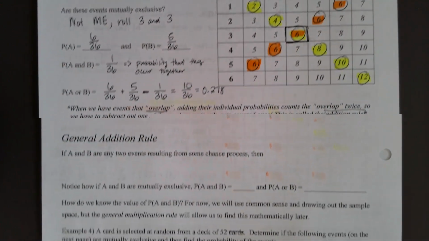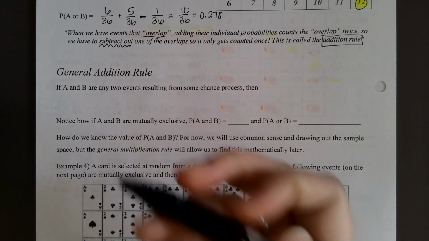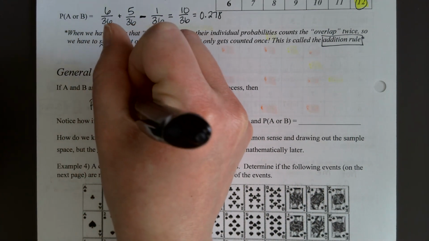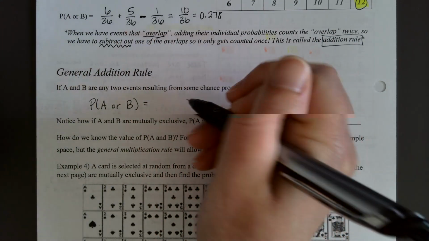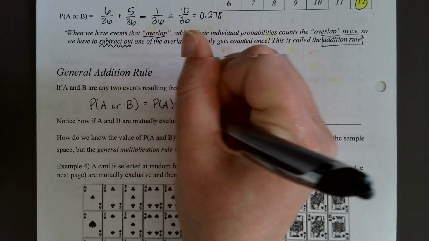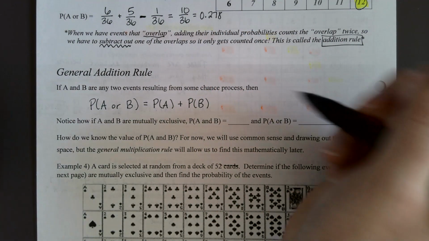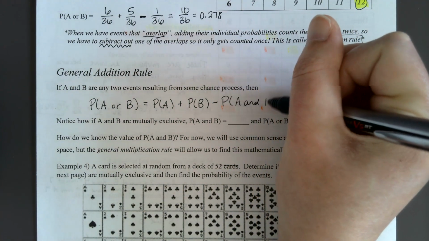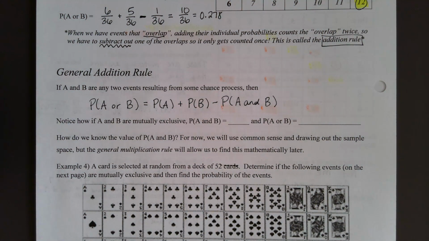So the general addition rule is that if you have events A and B resulting from some chance process, then to find the probability of A or B, we take our probability of A and we add our probability of B happening, and we subtract out the probability of A and B occurring, because we want to make sure we subtract out that overlap.